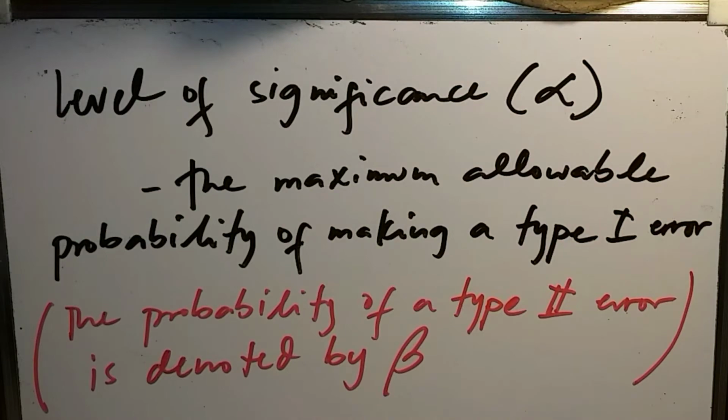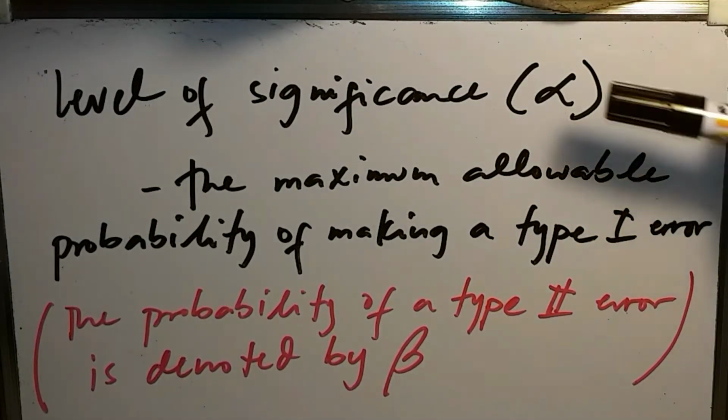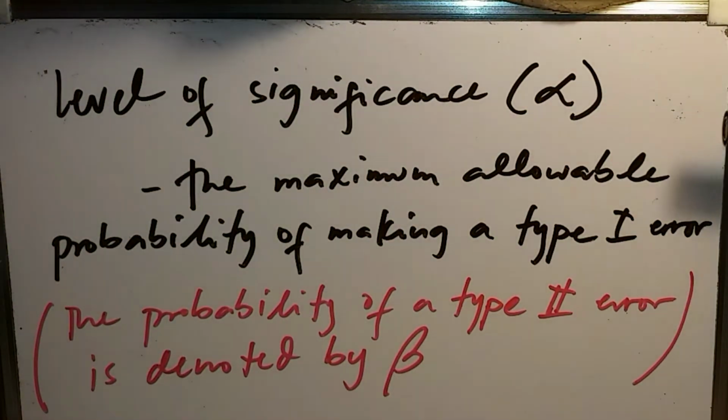We also have the so-called level of significance, denoted by alpha. The level of significance is the maximum allowable probability of making a type 1 error.